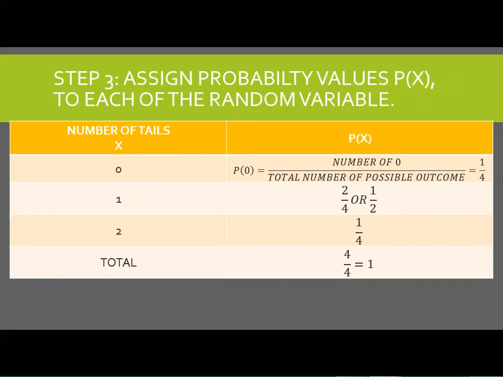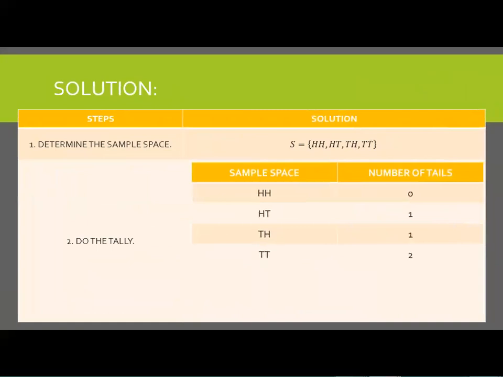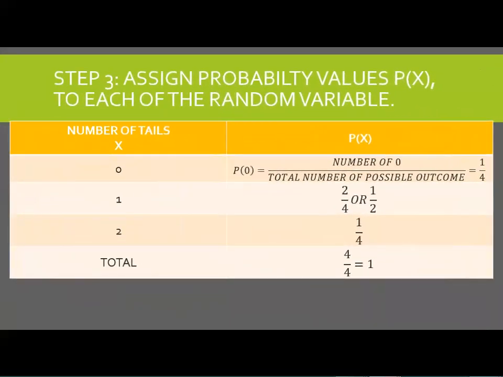So you have 2 over 4, or that is equal to 50% or 1/2. Lastly, ilan ang dalawang number of tails? There's only 1. And now, we have 1/4 that is equal to 25% as the probability for 2. Now, adding them up, we have 1/4 plus 1/2 plus 1/4. The answer is 4 over 4 or 1.